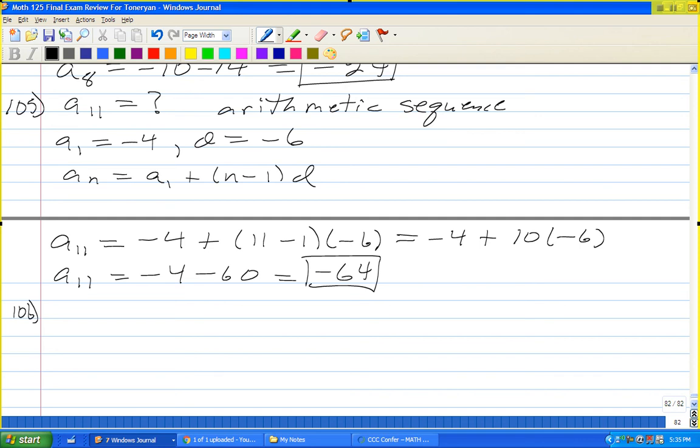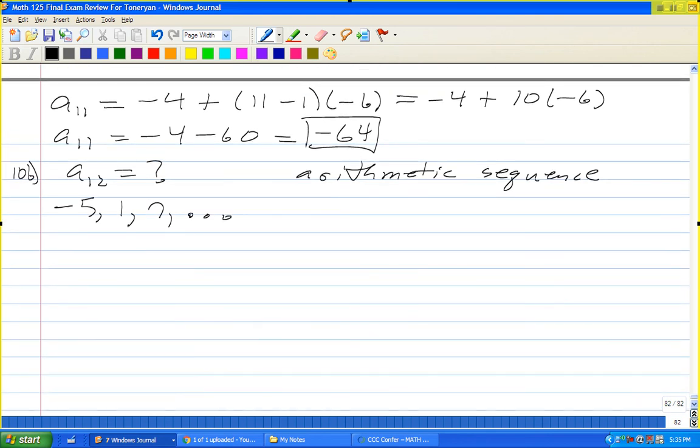The 12th term of negative 5, 1, 7, and this is an arithmetic sequence. Okay, so let's find the 12th term of that arithmetic sequence. Well, again, a sub n is a1 plus n minus 1 d.